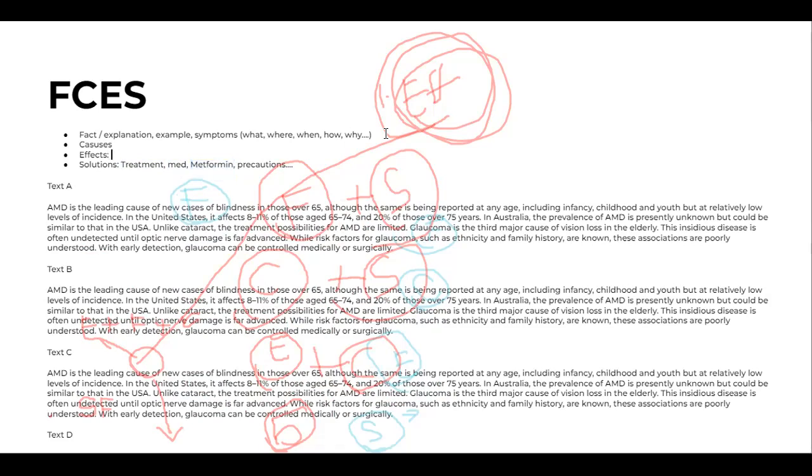In the effects, like what are the effects of a particular condition, like a bacterial infection. You can find a lot of effects, the consequences of something. These are the effects paragraph. And causes?